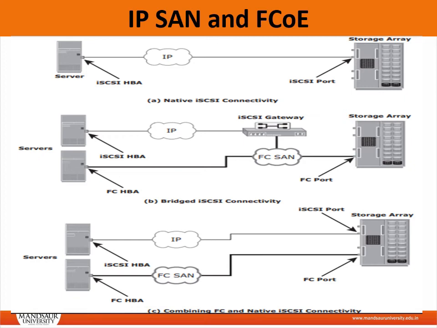The gateway converts IP packets to FC frames and vice versa. This bridge device has both FC and Ethernet ports. In this iSCSI implementation, the initiator is configured with the gateway IP address as its target destination. On the other hand, the gateway is configured as an FC initiator to the storage array.